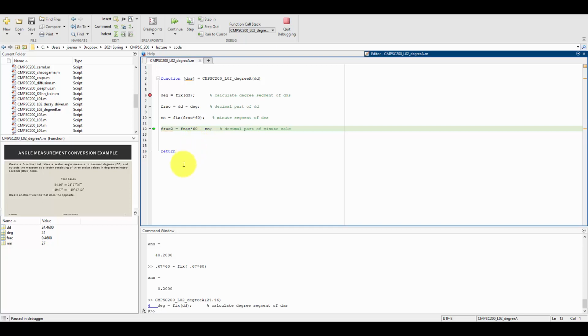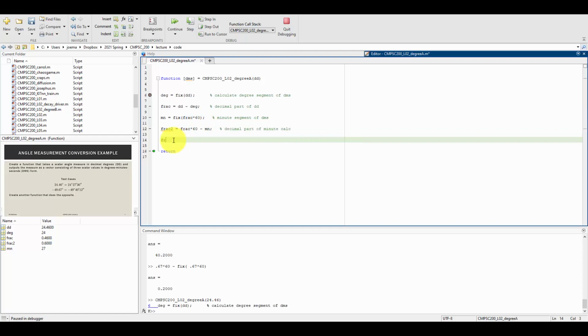That's coming from the decimal part times 60, so 27, and it's an integer value, so that's right. And I step again, and it computes frac2, which is 0.6, coming from that fractional part minus my number of minutes. The number of minutes is a decimal minus the integer number of minutes.